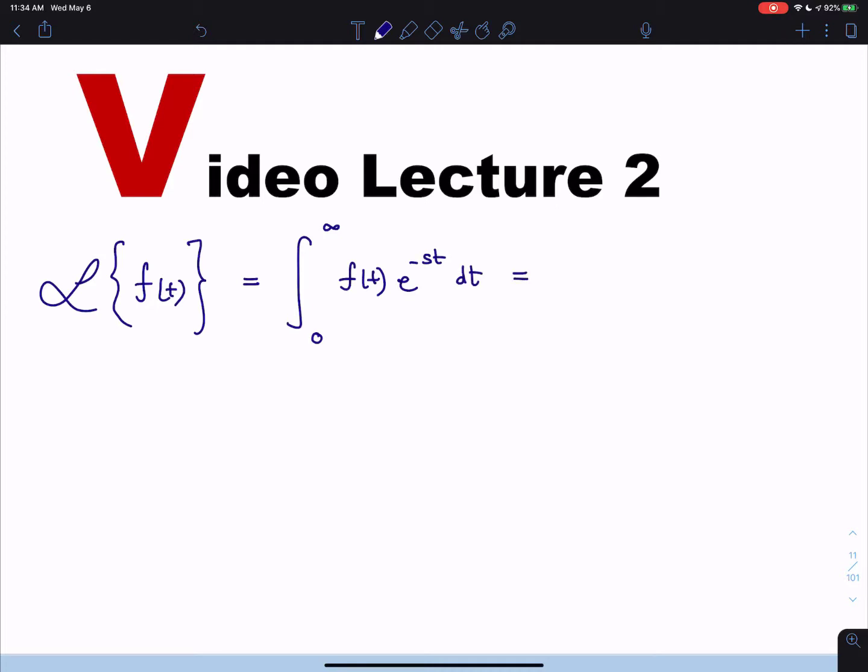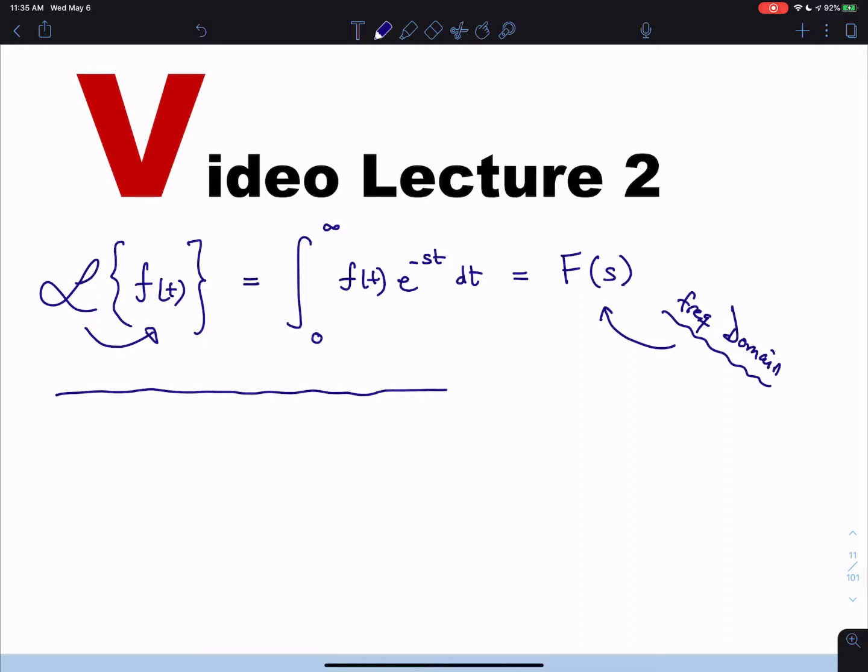And by definition, that's what we call F of s. So when you take the Laplace transform of a function in time domain, you get a function in frequency domain. And that has an interesting property that it turns differential equations into algebraic equations, which is the cornerstone of why we're doing this. Okay, so there's the fundamental definition of Laplace transform.